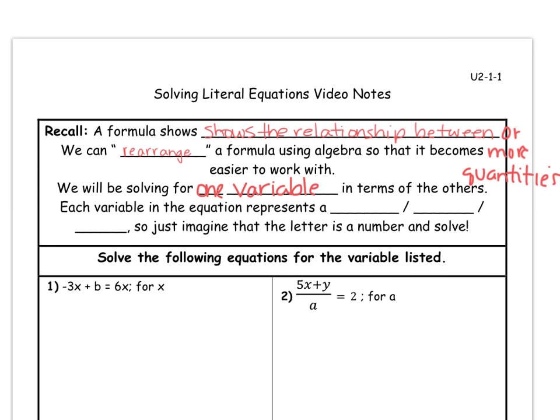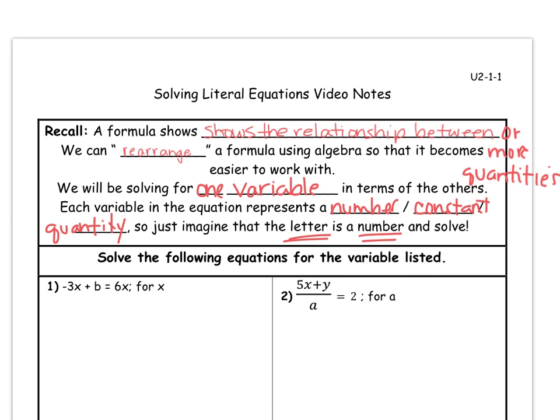And each variable in the equation can represent a number. It can represent a constant and/or a quantity. So just imagine that the letters that we're rearranging are numbers and we're going to solve.